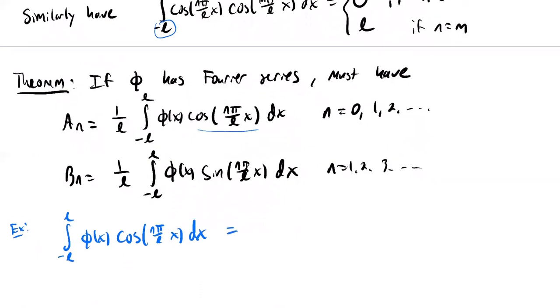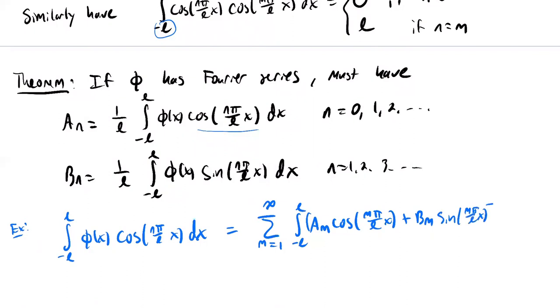Well, let me expand phi into the Fourier series. So this is going to be the sum from m equals 1 to infinity, let's sum over m, not n, of the integral from minus L to L of a_m times cosine of m pi over L x, the term corresponding to this value, plus b_m times sine of m pi over L x, all multiplied by this cosine term dx.